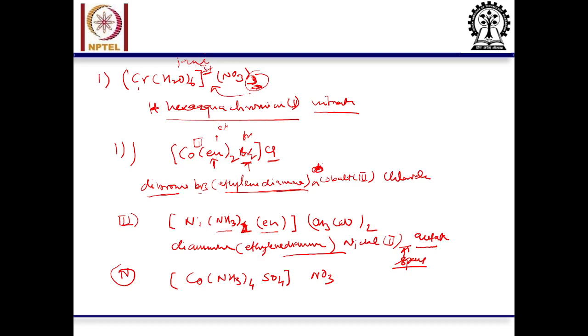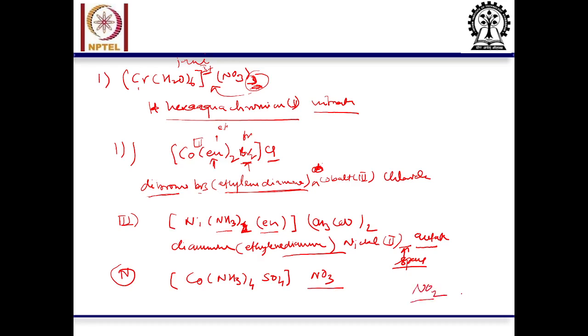No, still there is a minor mistake. What is the anion? Yeah, now it's correct. If it is NO2, this is called nitrite.